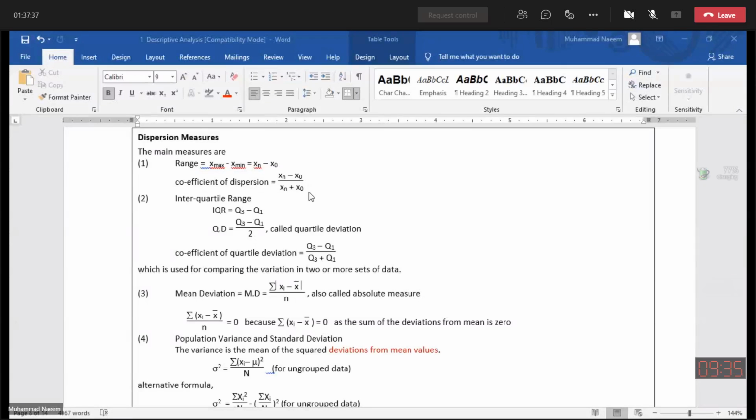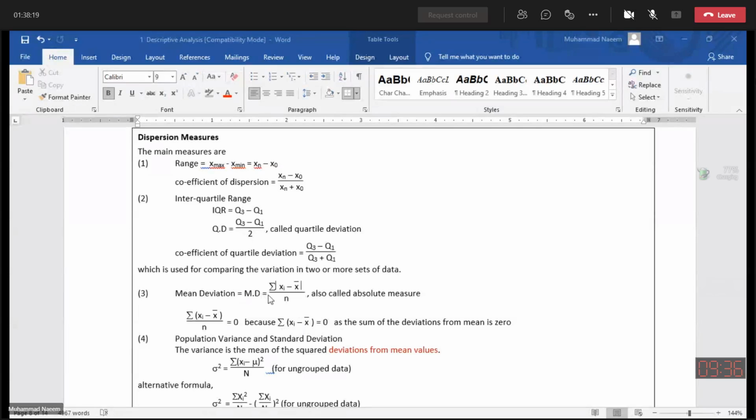But remember, don't try to sum up the difference xi minus x bar. There must be an absolute sign here. Otherwise, this sum will be equal to 0, because xi minus x bar is just the deviation from the mean value, and the sum of the deviations from the mean value is always 0.